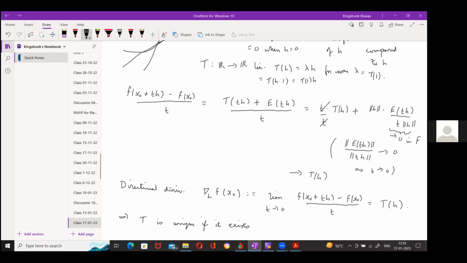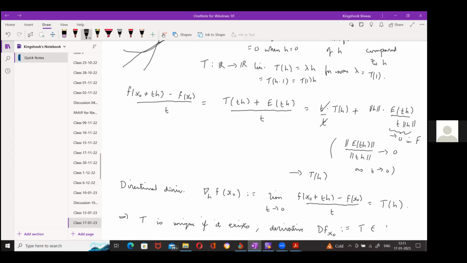Okay. And this T is defined to be the derivative of f at the point x naught. So the derivative df at x naught is defined to be this unique linear map T. So now what is the derivative?